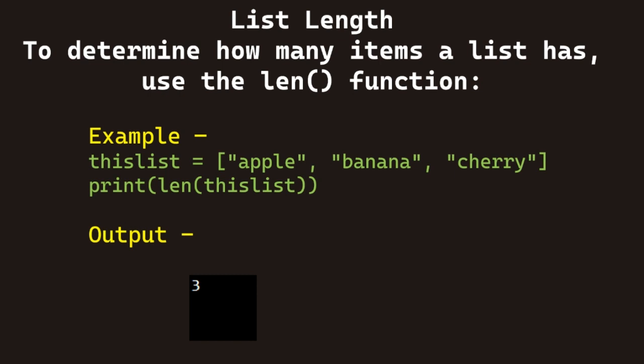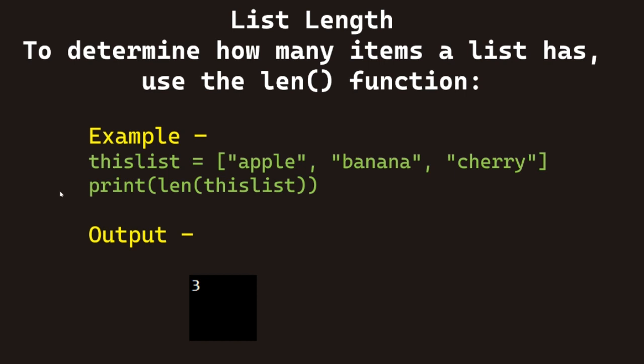So first topic is list length. To find the list length, we use len function, and this is the coding you can see. Here I have created a list with name this list, and it contains 3 values: apple, banana and cherry, and I want to find its length. How many values are there, how many items are present in the list.